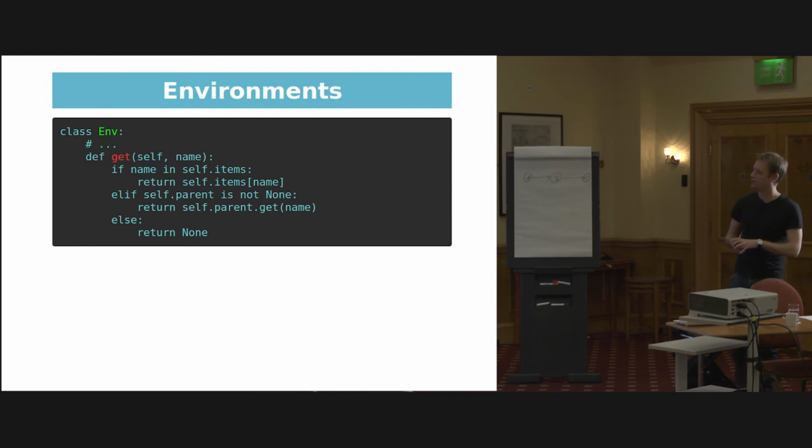An env has a get method. You ask it for a name. It looks inside its own list of things, and if it's not there, it checks whether it's got a parent, and if it has got a parent, it asks the parent for that thing. So that's how you get the lexical scoping, where you can talk about X when you're inside a function, and it means something different to someone who's not in the same environment as you.